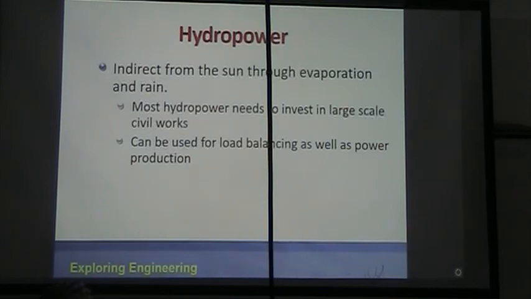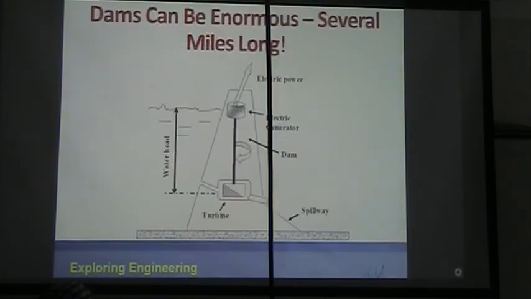So if you go and look at Hoover Dam or Grand Coulee Dam, or God help us, the Three Gorges Dam in China, they are huge constructions. Now, hydropower we can also use for load balancing, because in the electrical grid, we don't want a lot of highs and lows as far as the amount of electricity. That's not good for our electrical appliances. We want a very smooth production of electricity.